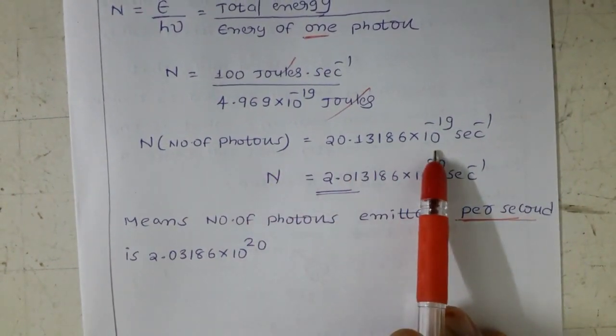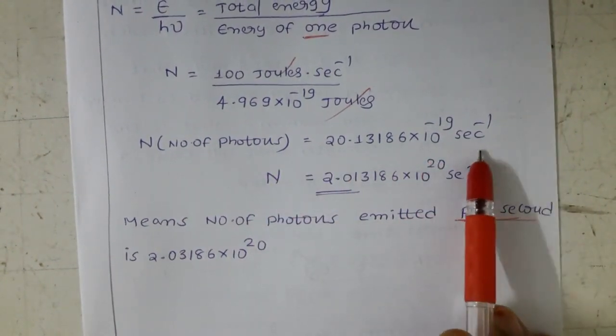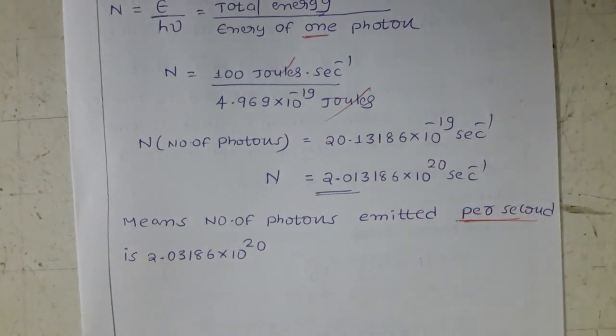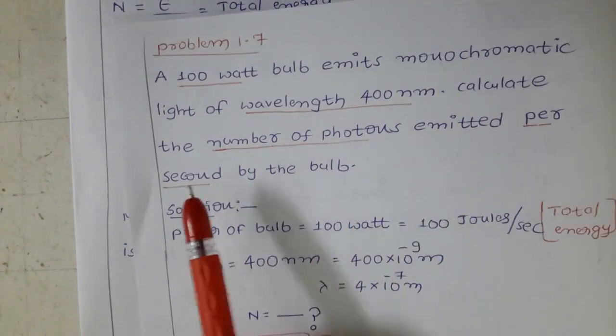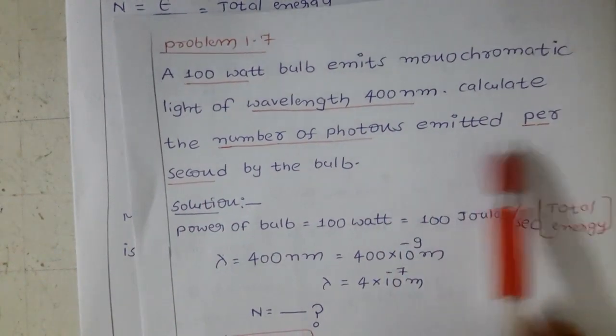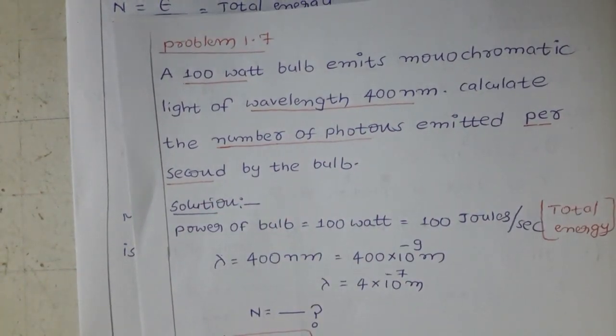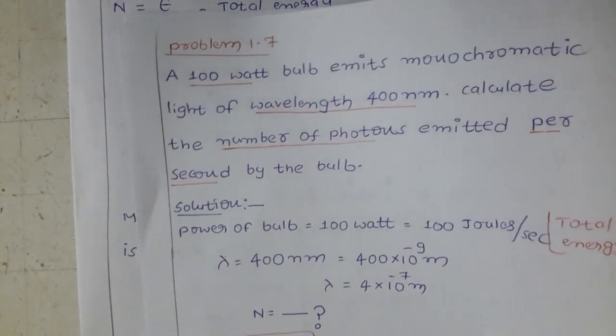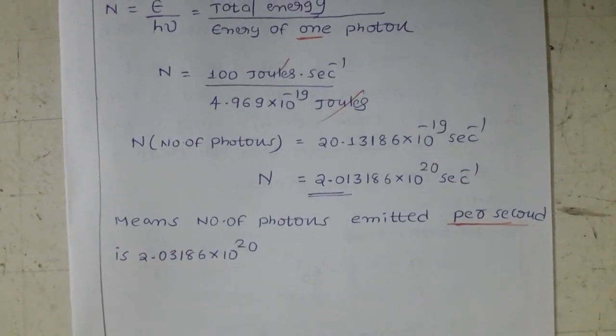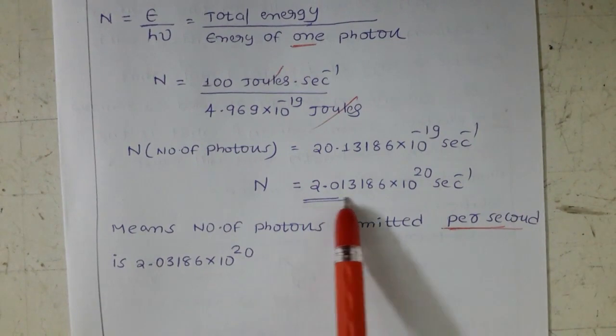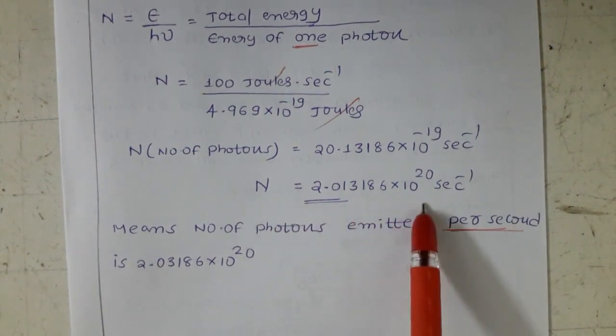This many photons per second, isn't it? Okay, what is the question for us? They ask to calculate the number of photons emitted per second. They need the number of photons, that too per second. So here we got this many photons. I'll simply go for the simplification.